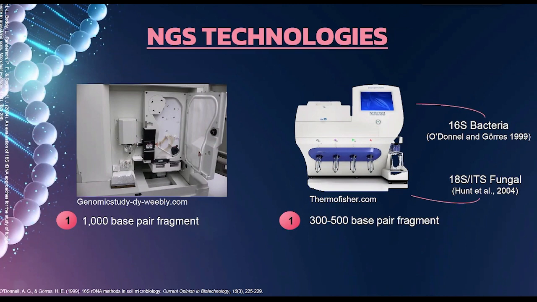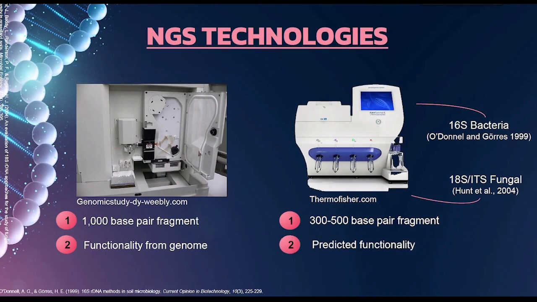In addition, you can also get the functionality from shotgun because you have all the genome. Of course, you have, for example, the protein codification, and you can get more information if you have all the genome. But you can also get predicted functionality from amplicon based on their classification.